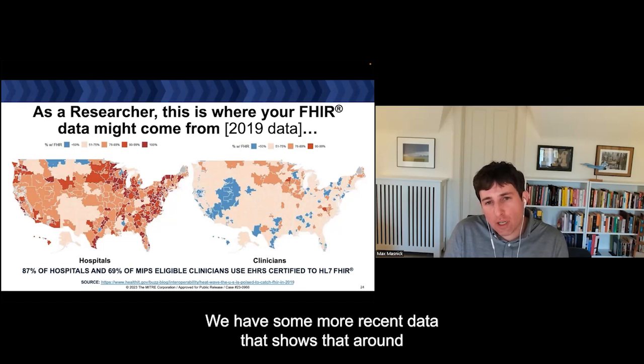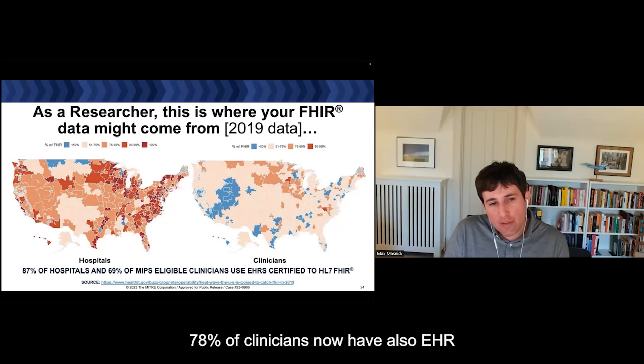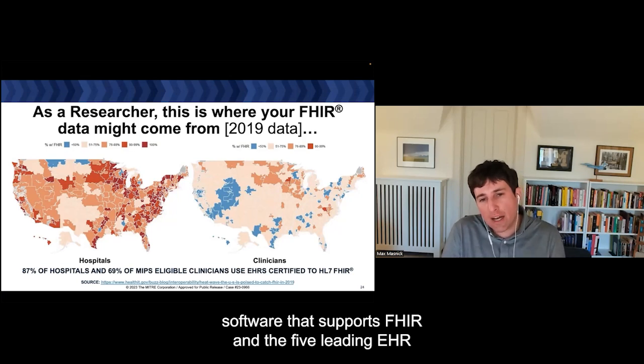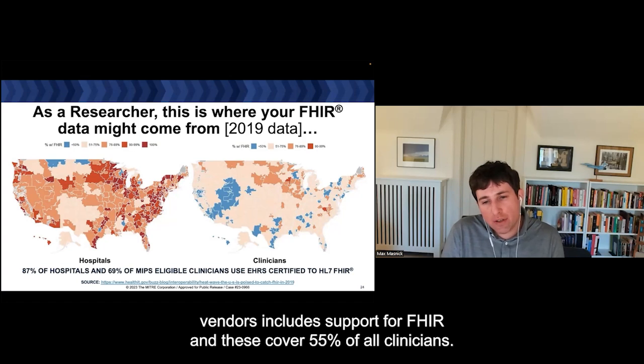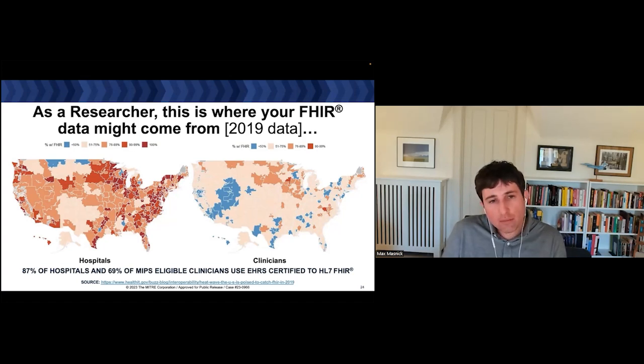We have some more recent data that shows that around 78% of clinicians now have EHR software that supports FHIR, and the 5 leading EHR vendors include support for FHIR, and these cover 55% of all clinicians.